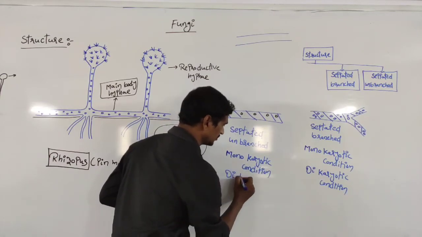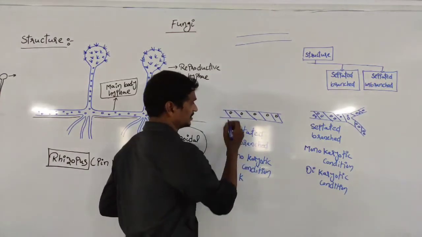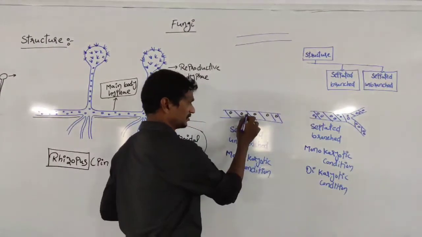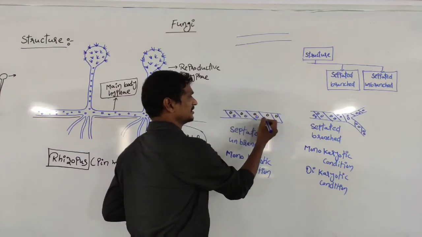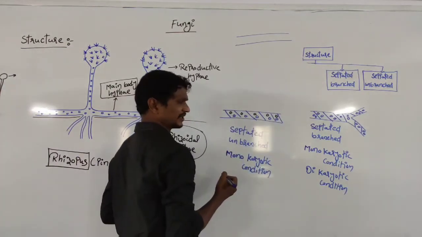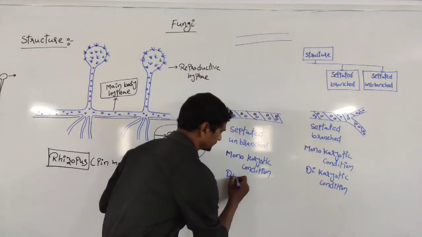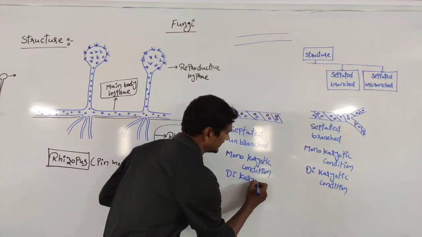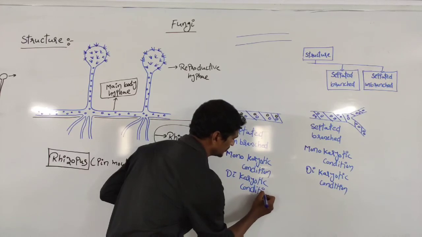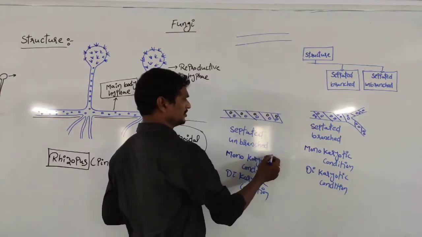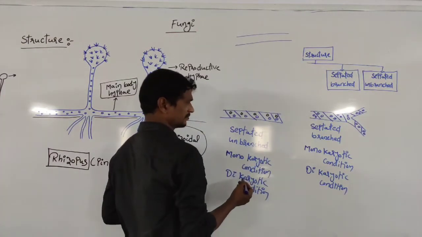See, this one, monokaryotic condition. In certain cases, two nuclei are separated. So the condition is called the dikaryotic condition. So simple, same thing, this one and this one.